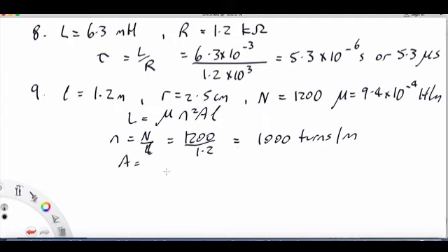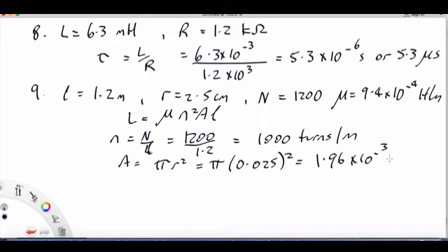And the next thing we have to work out is the area. So pi r squared, which is pi times 0.025 squared, which is 1.96 by 10 to the minus 3 square meters.